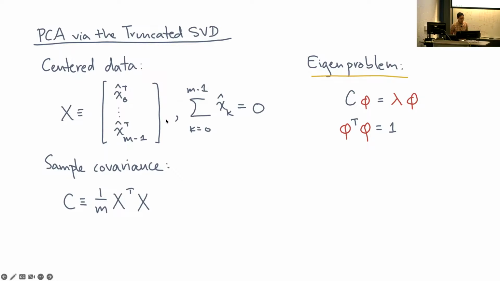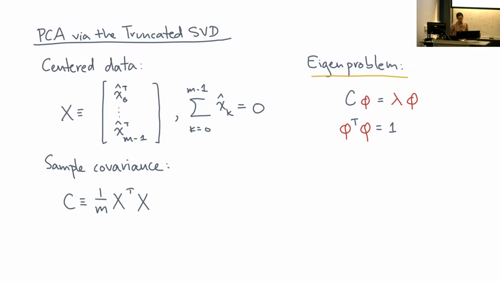As I formulated it, I'm assuming that X is already mean centered. But if you had un-mean-centered data and you're trying to do PCA, you would first mean center it. And then you would form this object C, which is the sample covariance. And then you calculate an eigenvalue and an eigenvector of the matrix C.